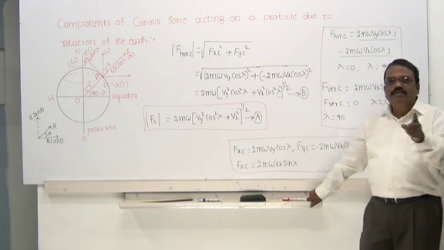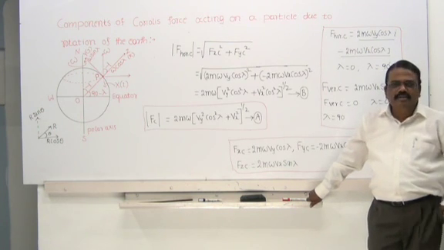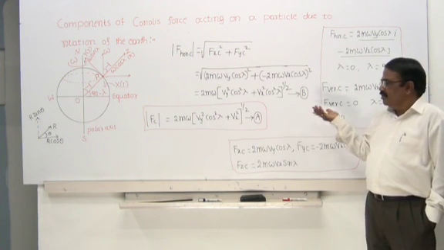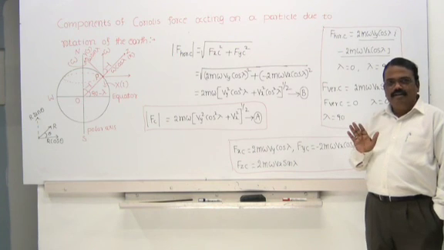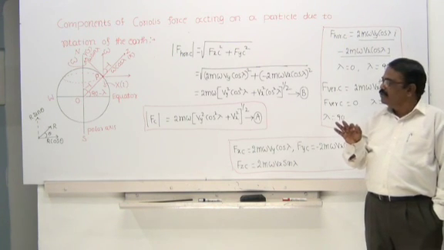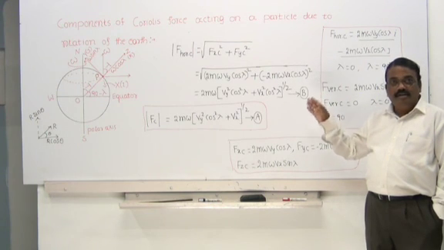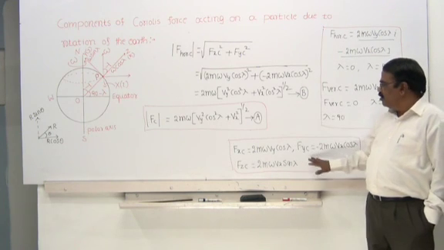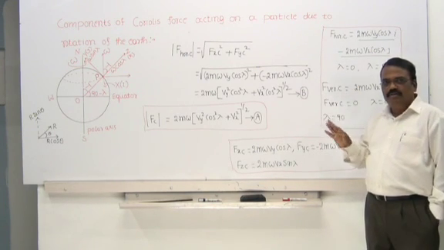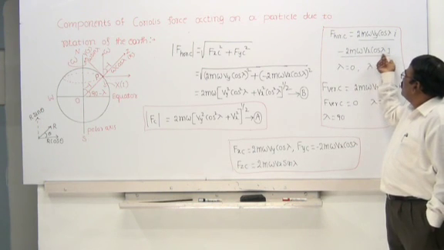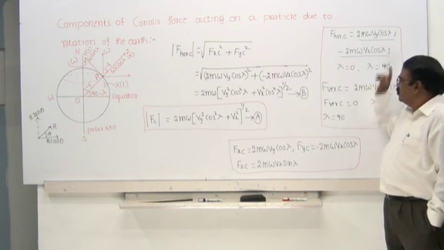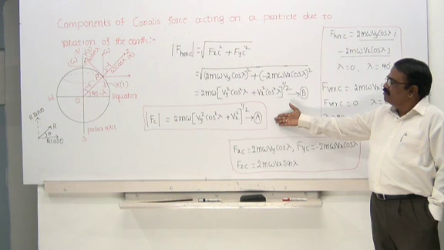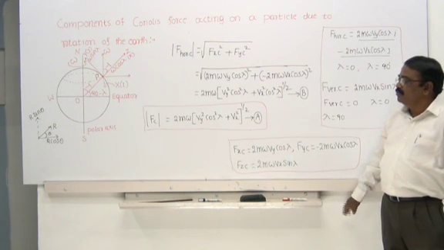So with reference to the rotation of the earth, they will ask some examples in the examination. Even if given directly, you would not know what lambda is and what Vy is, because of that I have derived the entire thing. So if you know how the component of Coriolis force came, it is enough to remember these. So what to remember: horizontal component is given by this, vertical component is given by this, magnitude is given by this. Like this you have to remember.